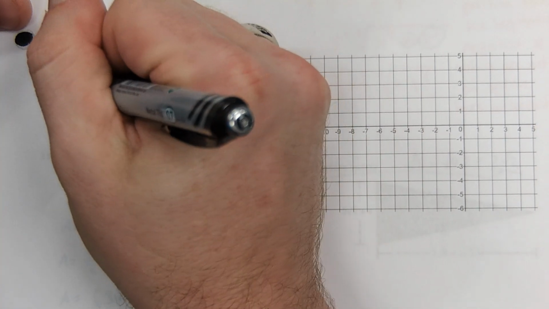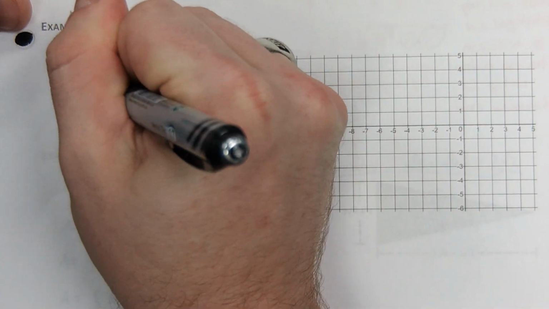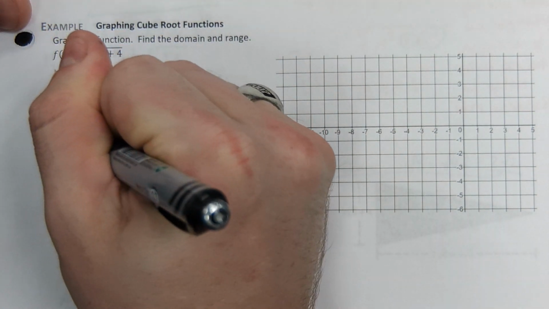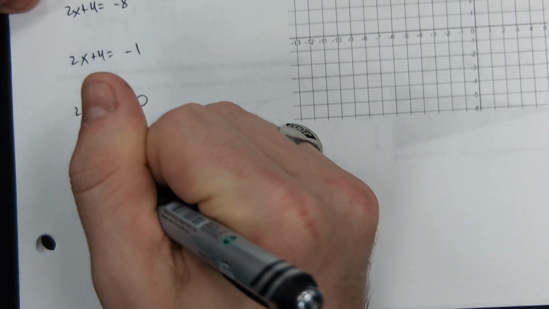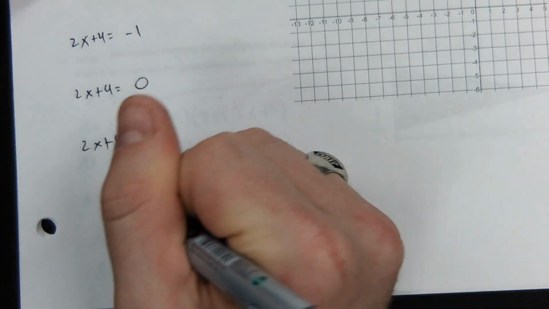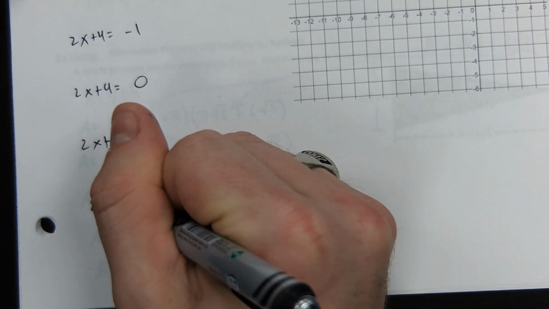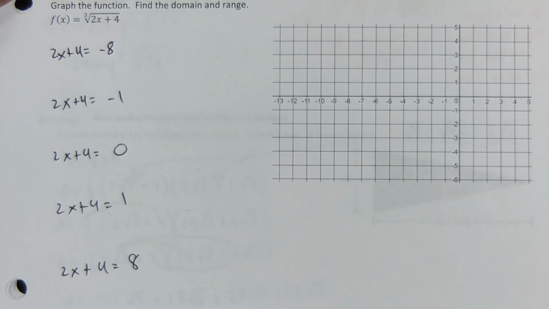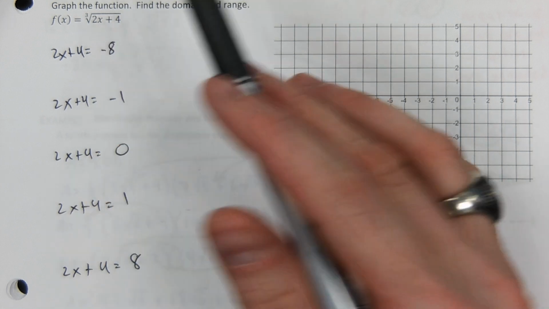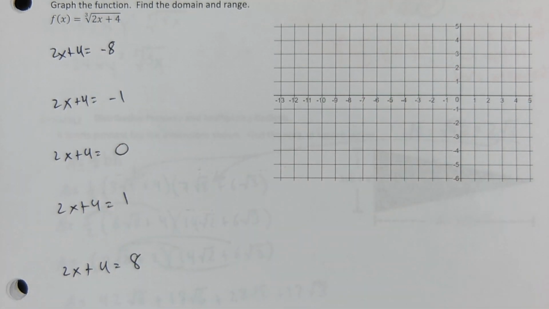You're still going to ask yourself, what makes the inside equal -8, -1, 0, 1, and 8. And then just follow the patterns that these things have, and you'll be able to graph. The 2 in front of the x, all it's going to do is change your x distances from 1s and 7s. That's all that'll do. Okay? So, give the whole homework a crack. That'll do it.